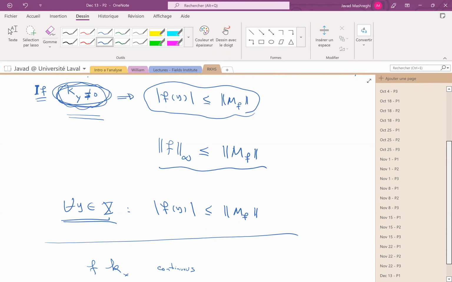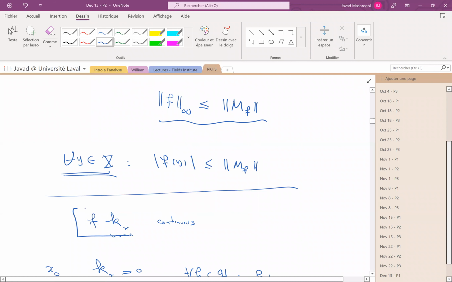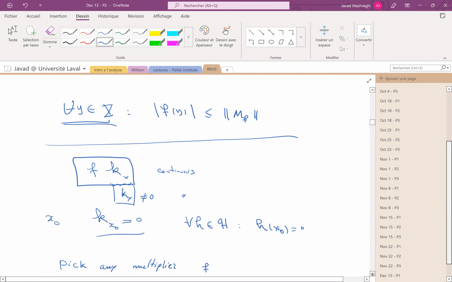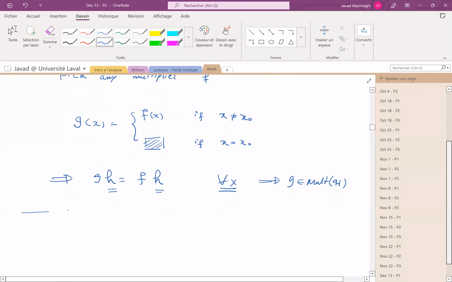Because I explained here, the product is continuous, it's an element of the space, and k_x by itself is continuous and non-zero. You do the division, true? So you obtain something continuous. So it's a consequence of the theorem that we had before, even though it's not explicitly mentioned in the book.